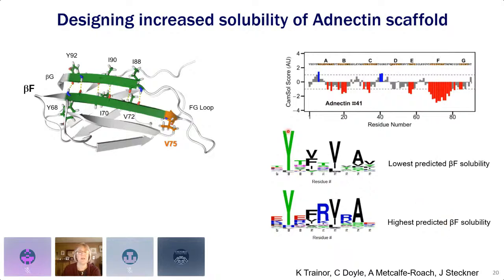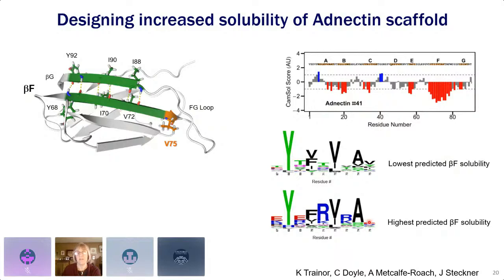What you see here is that we have hydrophobic residues at every other position prominently in both of these logos. This is the lowest solubility 100 and the highest solubility 100. So we keep these hydrophobic core residues, which here are tyrosine, isoleucine, valine, pointing into the core. But the residues pointing out to the solvent in between these are markedly different. We have more glutamates and arginines in these solvent-exposed positions.